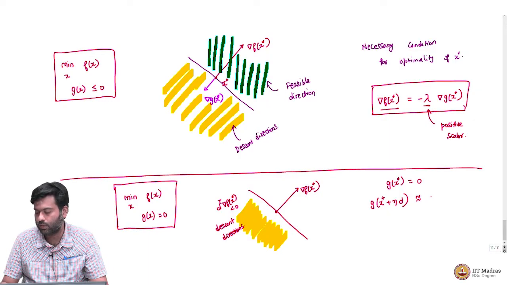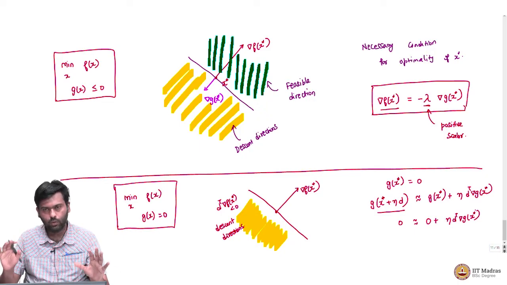We know Taylor series would say that this is approximately g of x star plus eta d transpose del g of x star. Now, if this also has to be feasible, well, g of x star is 0, so this is 0 plus eta times d transpose del g of x star.